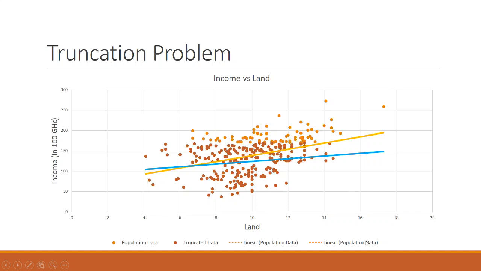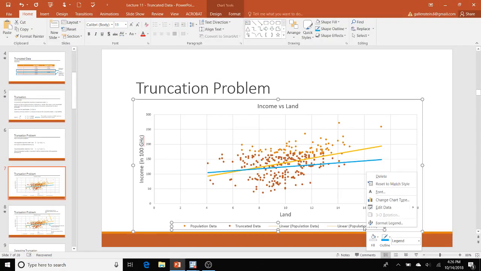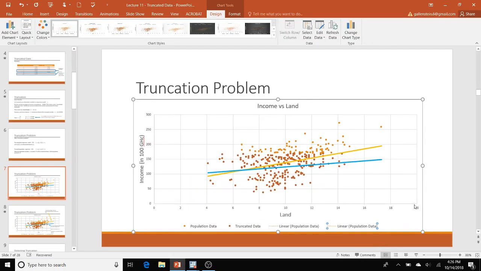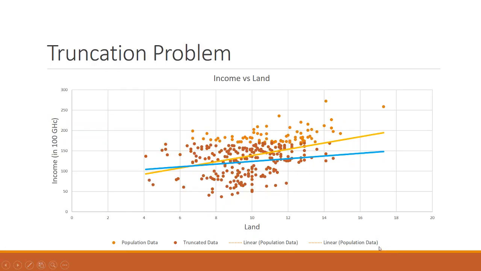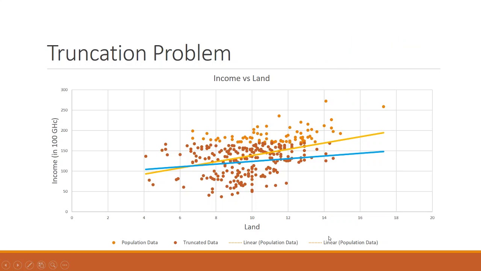And actually, my legend here is not correct, but anyways, I'll just leave it for now and fix it later. The second linear line here should represent the blue line. And so basically the blue line here is a regression curve that is fitted to the truncated data.